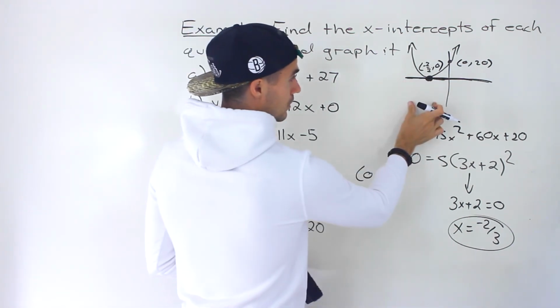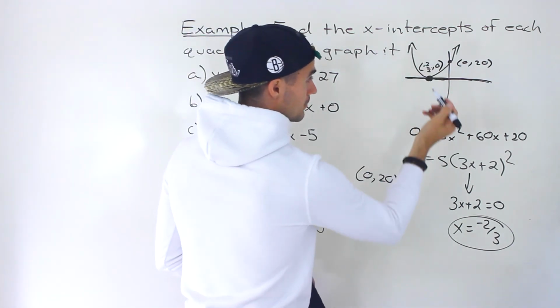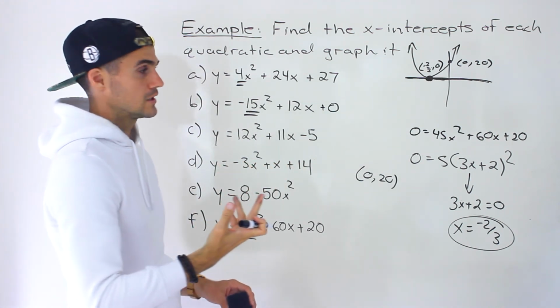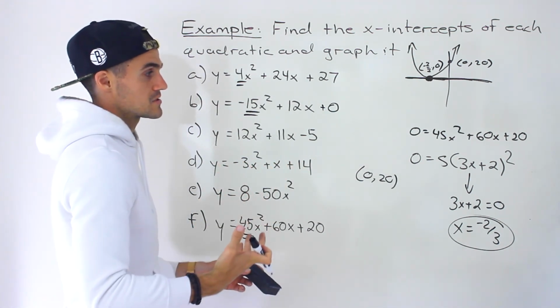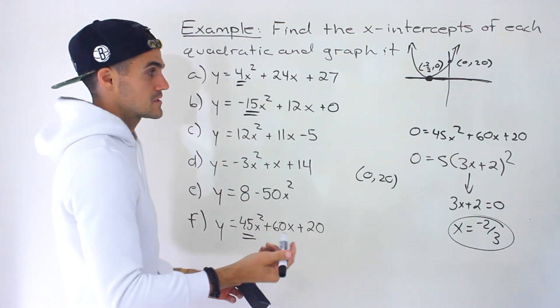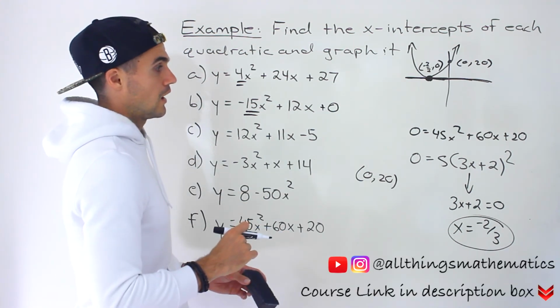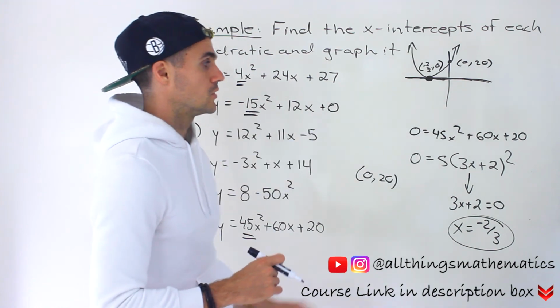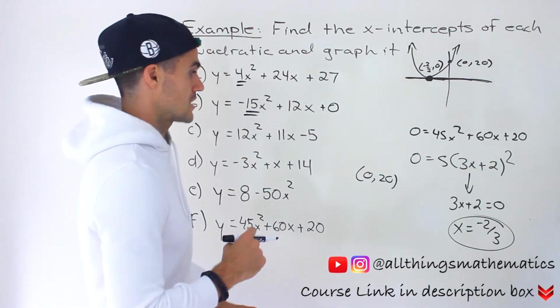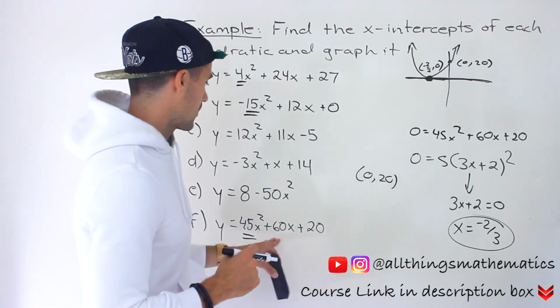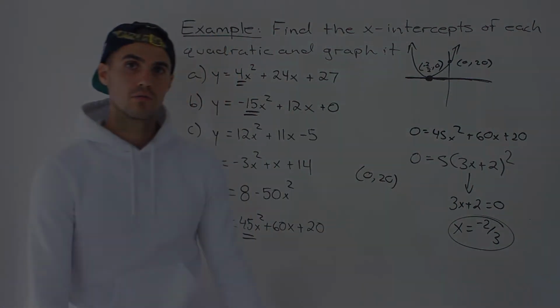Because if it'll be below this, then you'll have 2. If it'll be above, then you'll have none. Those are the 3 different possibilities for the number of x-intercepts. You could have 0 x-intercepts, 1 x-intercept, and that happens with a perfect square trinomial, or you could have 2 x-intercepts. Right? So for part F, that's how that graph looks like.